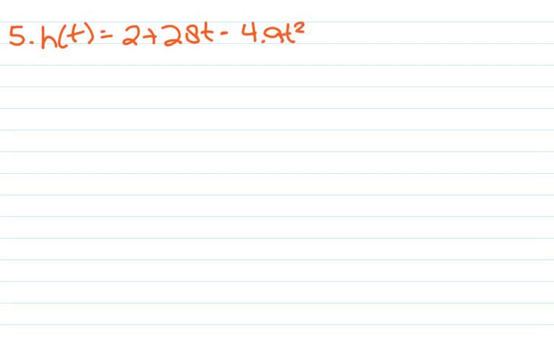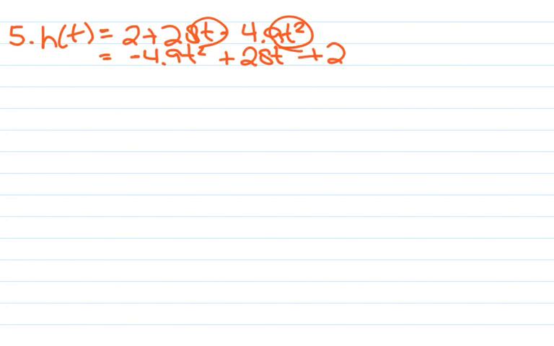The first thing I'm going to do is rewrite this equation in the correct order for standard form, so that I'll start with the t squared and then the t and then the constant. So negative 4.9 t squared plus 28t plus 2. Now I need to find the maximum height, so that would be the vertex.